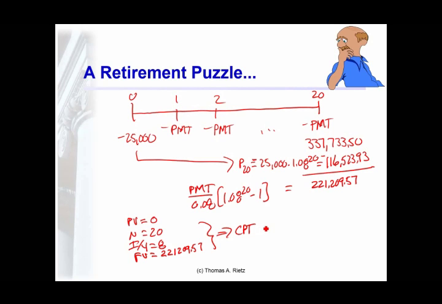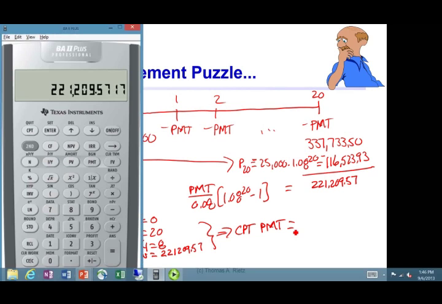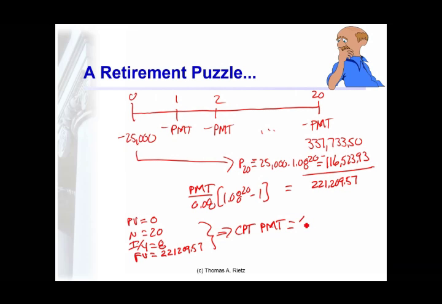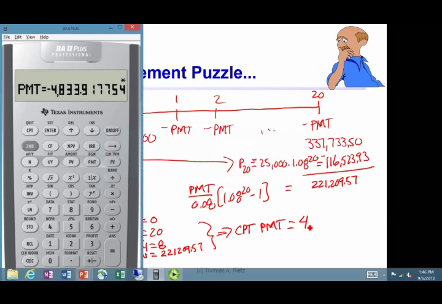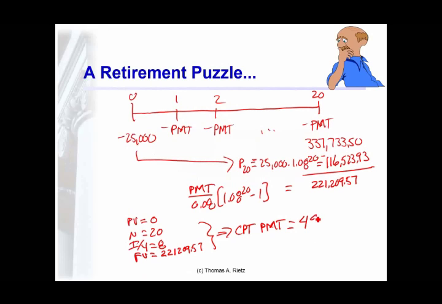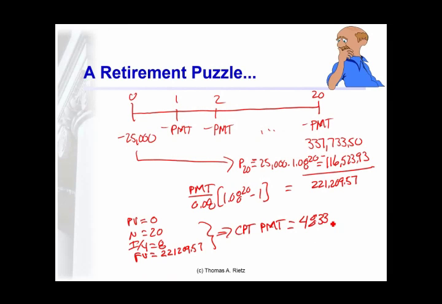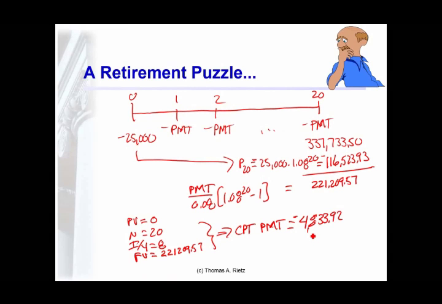I'm going to compute the payment. Alright, let's go ahead and do that. This number is my future value now. 0 present value, 20 years, 8% interest, payment. 4,000, sorry, 833.92. Negative, that's the amount I have to save every year between now and retirement.